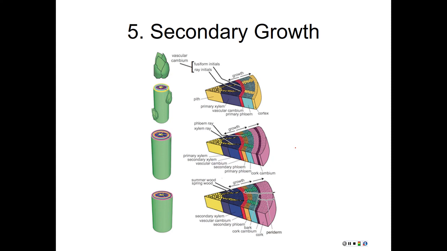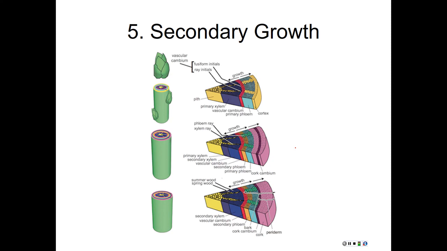These lateral meristems, one is called the vascular cambium, which gives rise to what we call wood, and one is called the cork cambium, which gives rise to what we call bark. And in chapter 33, we're going to discuss this in more detail.